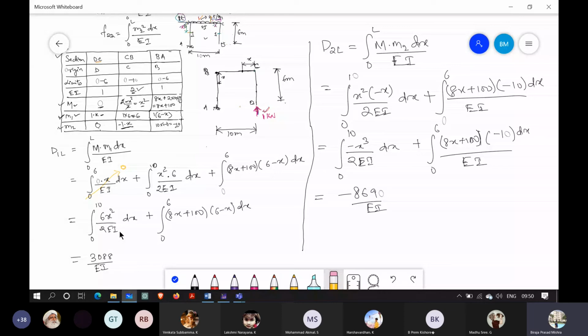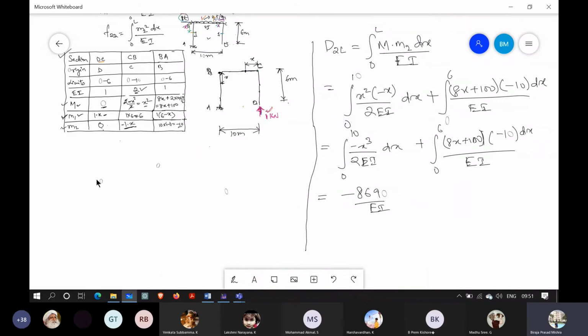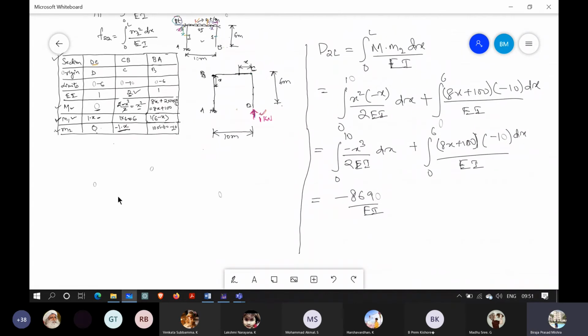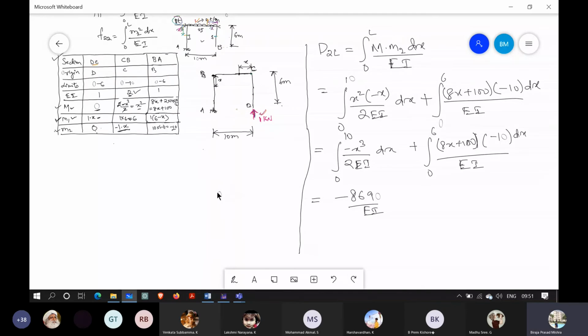Okay, so I'm erasing this part now and I will calculate the f values.